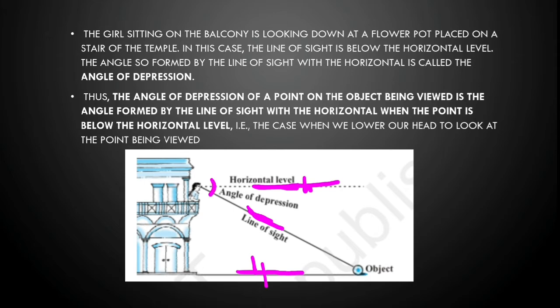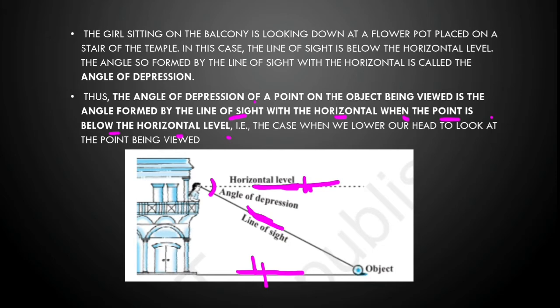That means the angle of depression of a point on the object being viewed is the angle formed by the line of sight with the horizontal when the point is below the horizontal level. So these are the definitions of line of sight, angle of elevation and angle of depression.